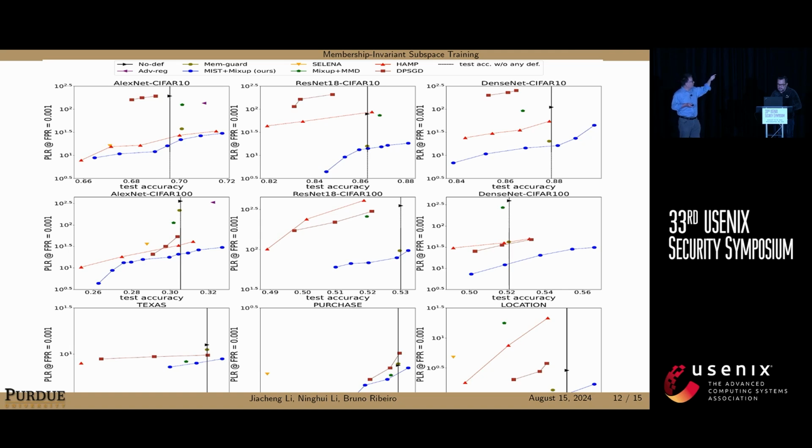This blue line is our method, which as you can see is generally on the bottom right part, which is what we like. Sometimes we actually get better accuracy than with no defense, which is the vertical line. This might be because the dataset we are using in training is relatively small, so there's some regularization effect that improves accuracy.